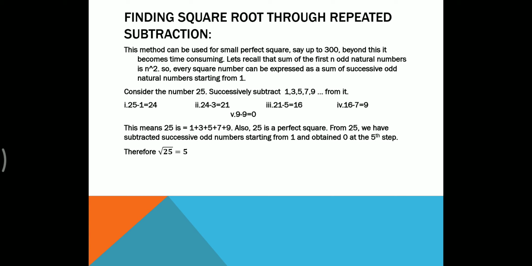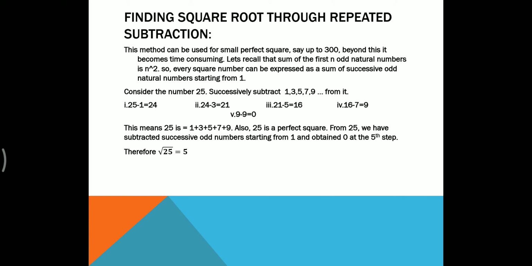Let's recall that the sum of the first n odd natural numbers is n square, which you have already done. So every square number can be expressed as a sum of the successive odd natural numbers starting from 1. If I take the number 9, you can see by this method that 9 is 3 square, a perfect square, and 9 can be expressed as 1 plus 3 plus 5.